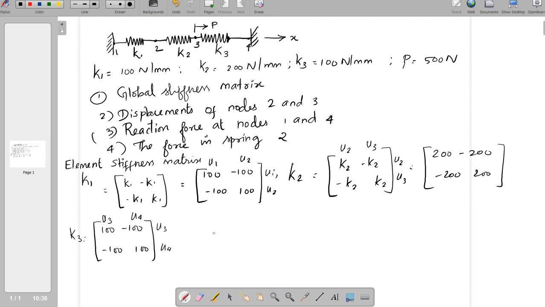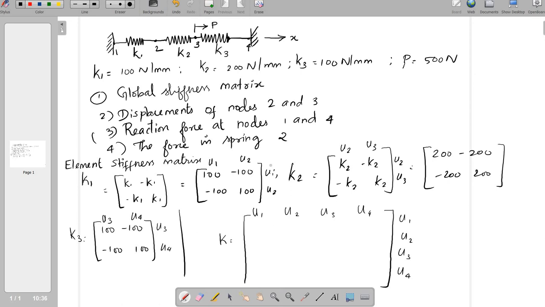So let us assemble the element stiffness matrices into the overall global stiffness matrix. For that, we have to write U1, U2, U3, U4 row wise, and column wise U1, U2, U3 and U4. U1 comes in the first matrix only.